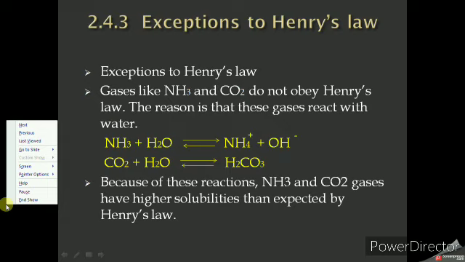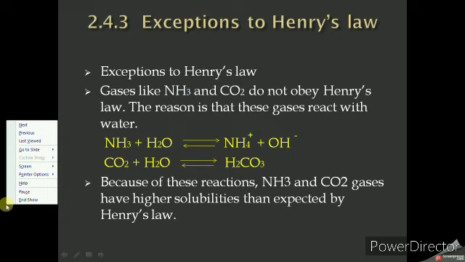So let us see the reaction. NH3, ammonia, reacts with water and it will give, so it accepts the proton H+ from that water, because the nitrogen of ammonia contains a lone pair of electrons, a non-bonding pair of electrons, and that accepts the proton H+.